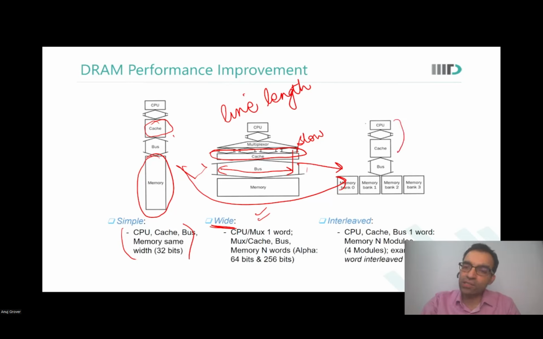So CPU to cache, same bus width. If it is a 16-bit processor, then 16-bit bus width; 64-bit processor, then 64-bit bus width, whatever it is. Cache then goes through the memory controller and can access multiple banks. And that multiplexing happens at the memory bank to cache transfer level.